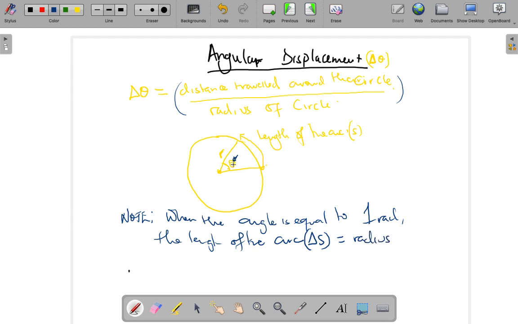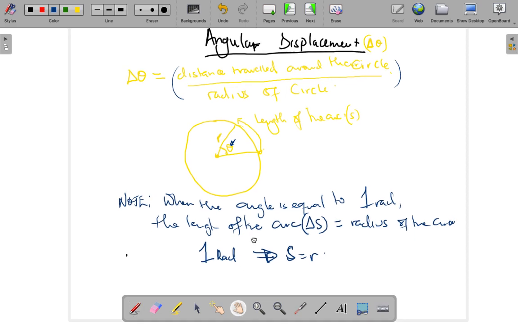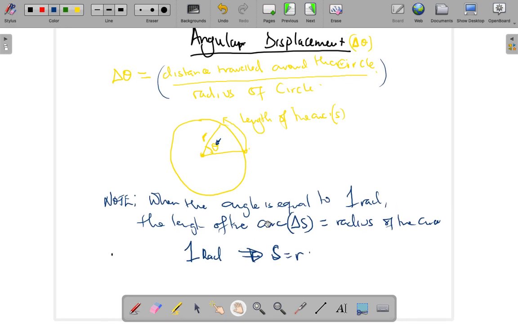Remember we don't measure it in degrees. When the angle is 1 rad, the arc length will be equal to the radius of the circle. So basically, when this is 1 rad, it simply means that S is equal to R. This is a condition that is true when we are dealing with angular displacement.